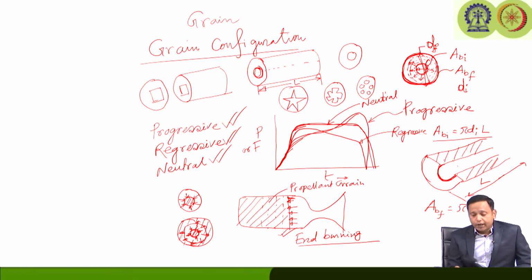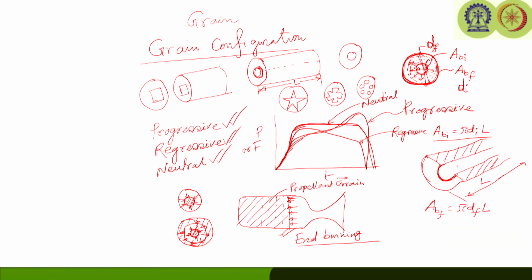Now, generally the radial burning, radially outward or radially inward, or even longitudinal burning, although the propellant grain is 3 dimensional, these types of grains are considered to be 2 dimensional grains, because the burning is taking place either longitudinally or radially. It can be radially inward or radially outward in case of progressive burning.